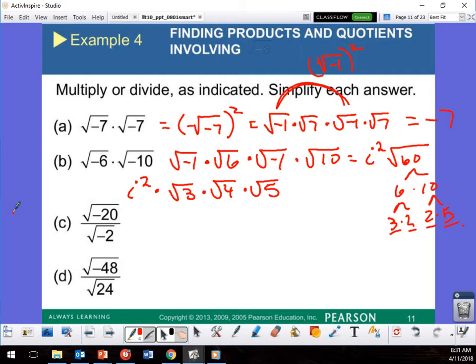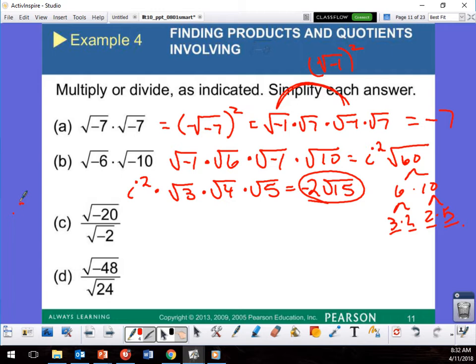So this is going to give me negative 2 rad 15. Now, I can't put this in the calculator because the calculator is going to do what? There's a radical. It will give me the whole thing as a decimal.